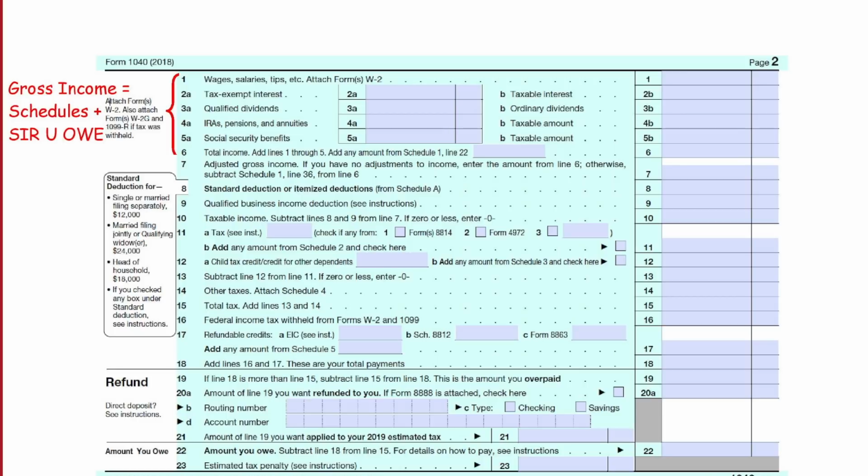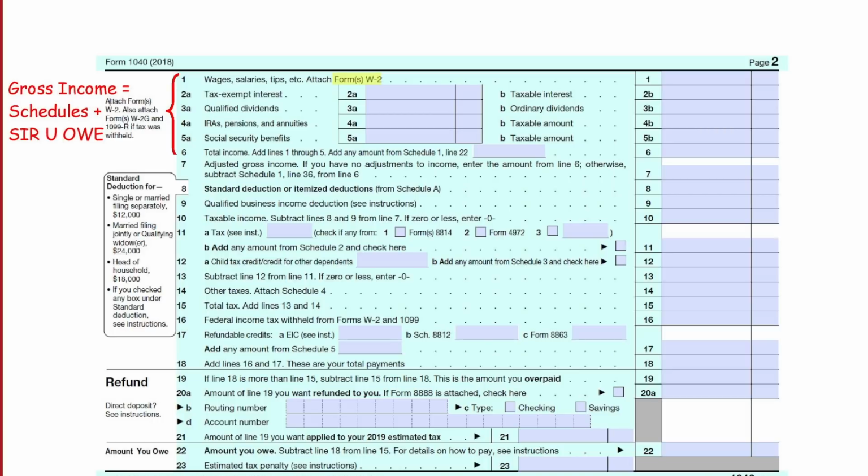Look at line number 1. It says wages, salaries, tips, etc. Attach, highlight, Forms W-2. So every salaried individual gets a Form W-2 from each of his employers.